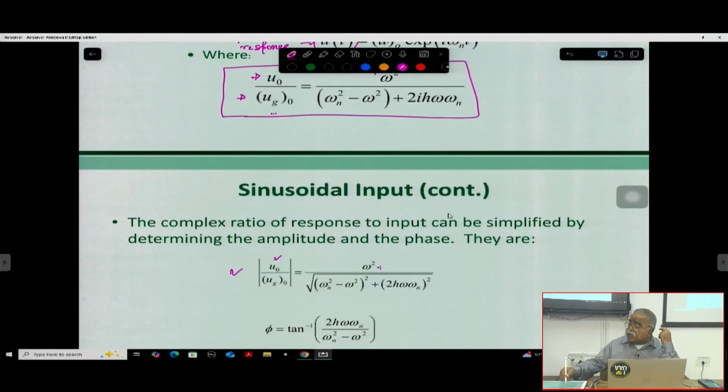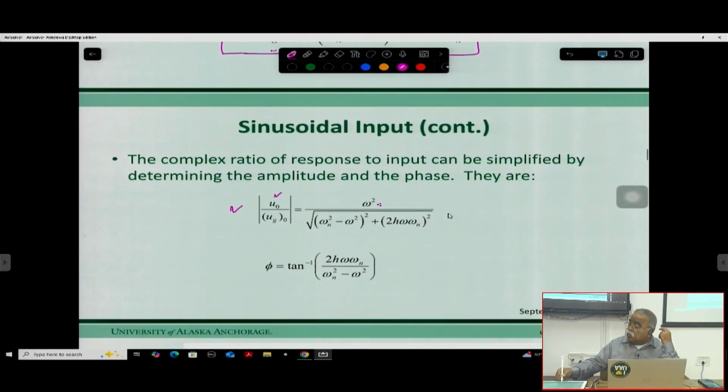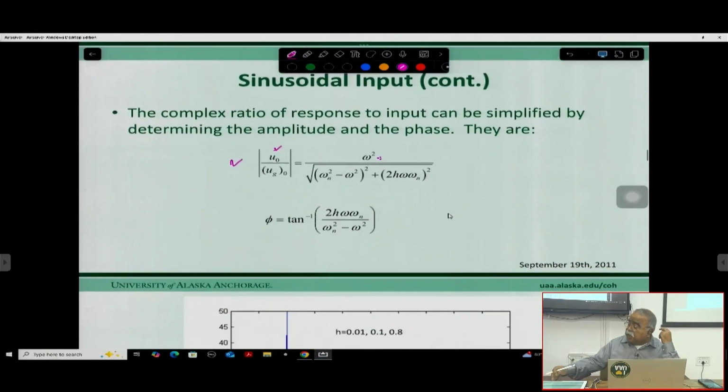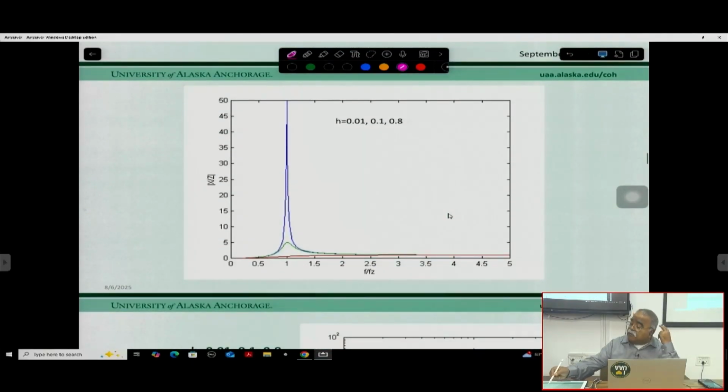So this is the ratio, and for the phase, what will be the phase value? The phase will be equal to 2h omega n and this number, right? So this is the amplitude at different damping values. If there is less damping, the amplitude will be very high.